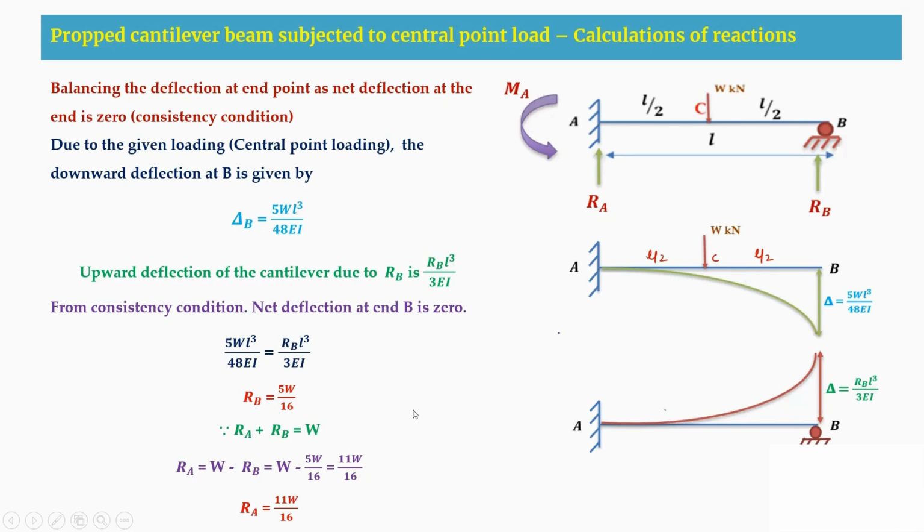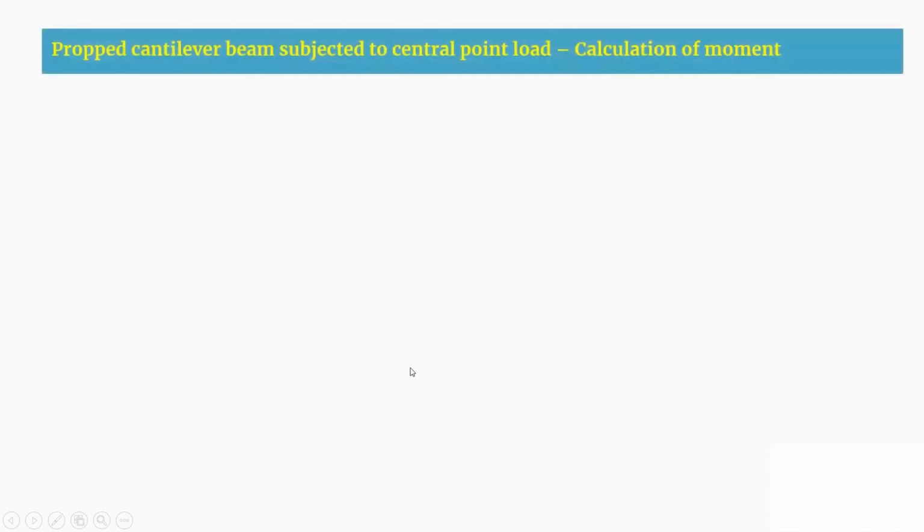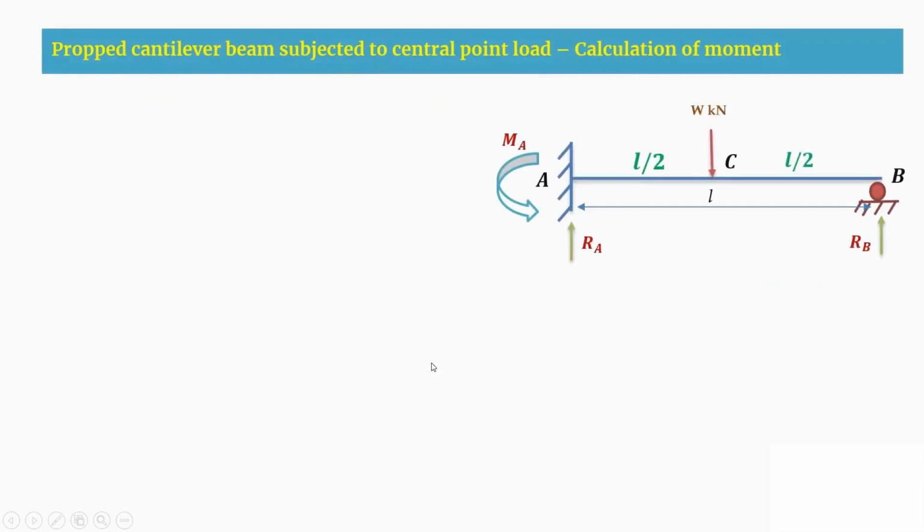After calculating these reactions, next we are going to calculate the moment. For calculating the moment, I am considering the RA and RB values here. Then the moment at B is equal to 0.